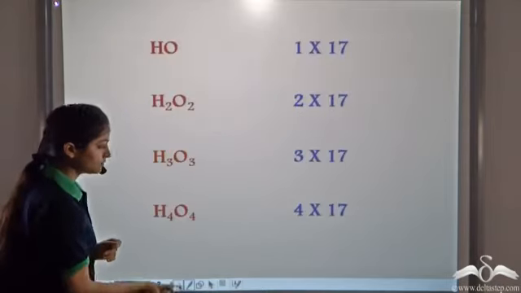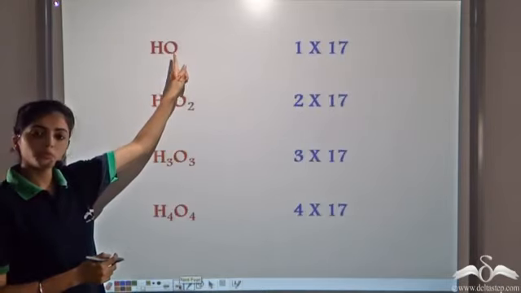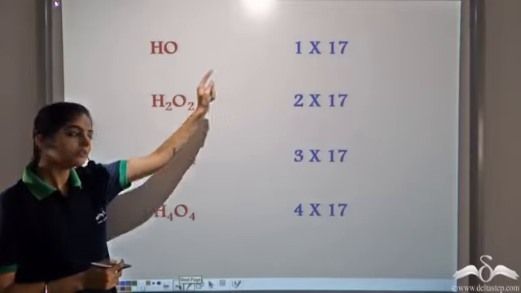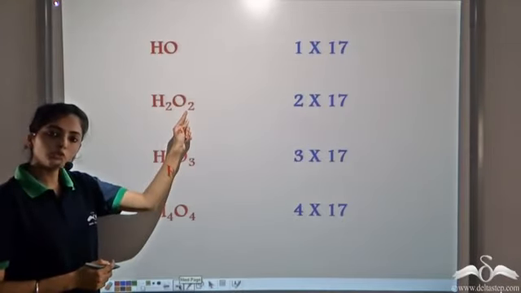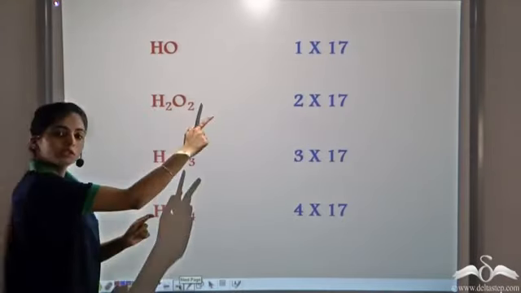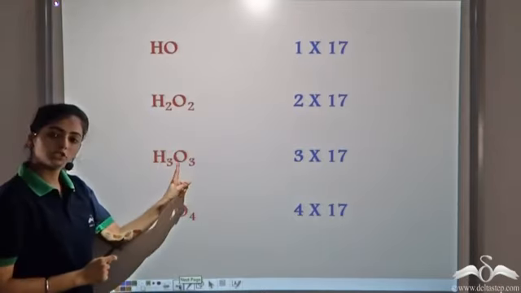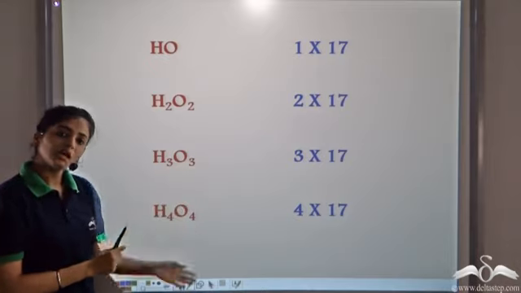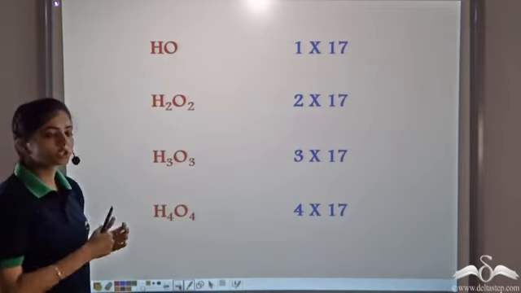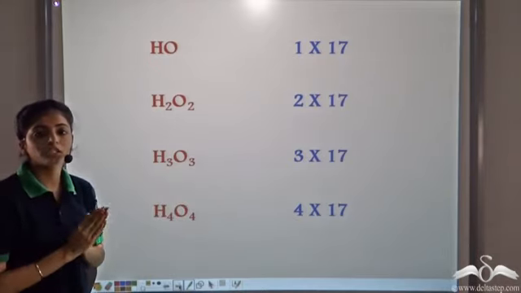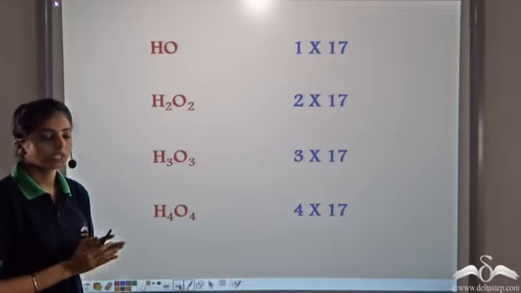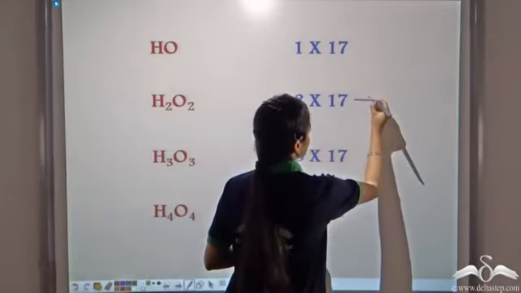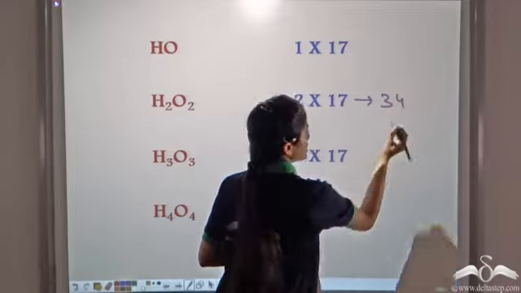If we see, for HO we are getting 17. If we take H2O2, we get 2 times 17. Similarly, for H3O3, the mass will become 3 times 17 and so on. So for which one do we get a mass of 34 atomic mass unit? In this case, we get 34 atomic mass unit.